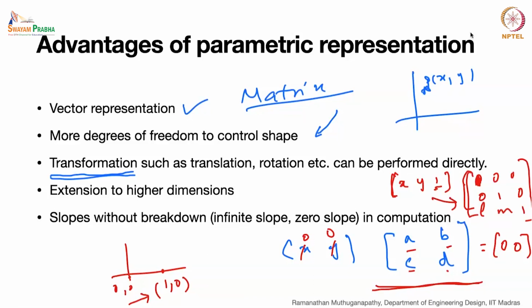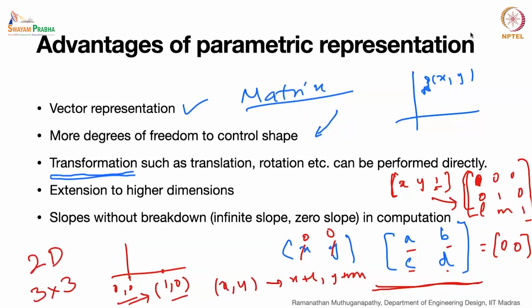This is just a simple matrix multiplication: x plus L and y plus M. So x y goes to x plus L, y plus M, and basically you are doing the translation. If L is 0 and M is 1, then from 0 0 it goes to 1 0. So for 2D, you actually need a 3 by 3 transformation matrix.